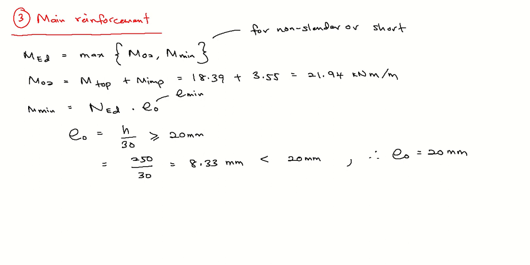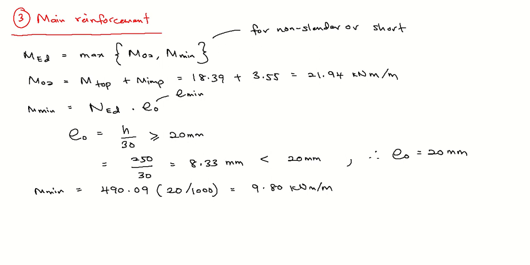Alright, so this brings the M minimum equals to your NED, which is 490.09, and your E minimum is 20, and this is in unit millimeter. Our moment is in unit kilonewton meter, so divide by 1000 to change to unit meter, and this will give you 9.8 kilonewton meter per meter.